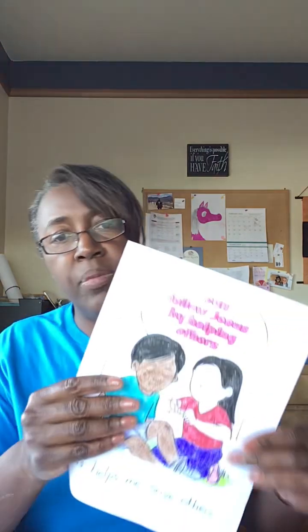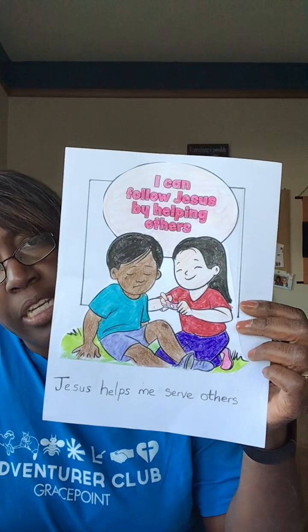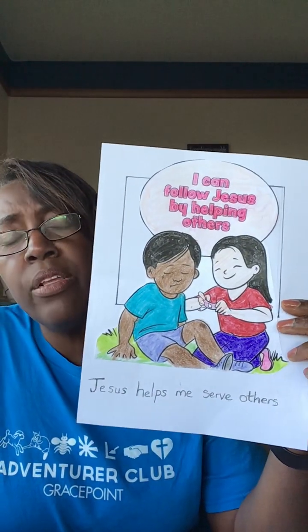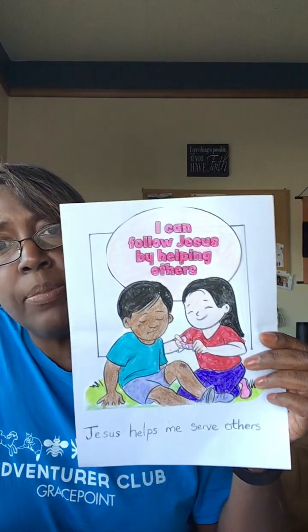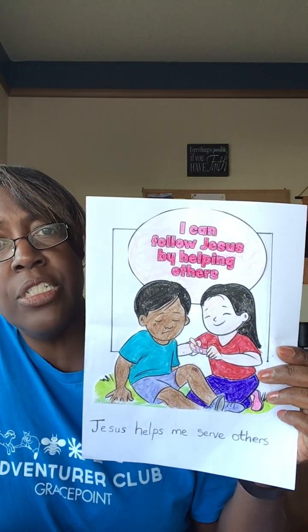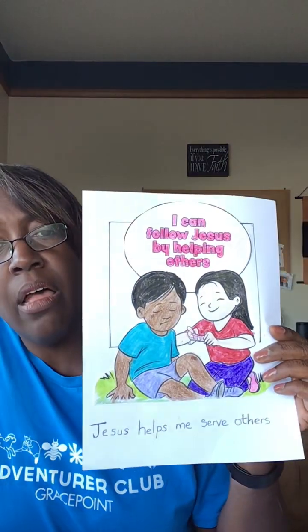Well, one that I did pertains to Jesus cares for me today, and I found this picture online. There are many free colouring pages that you can find online, and this one shows a picture of a little girl helping her friend, and the caption says, "I can follow Jesus by helping others."